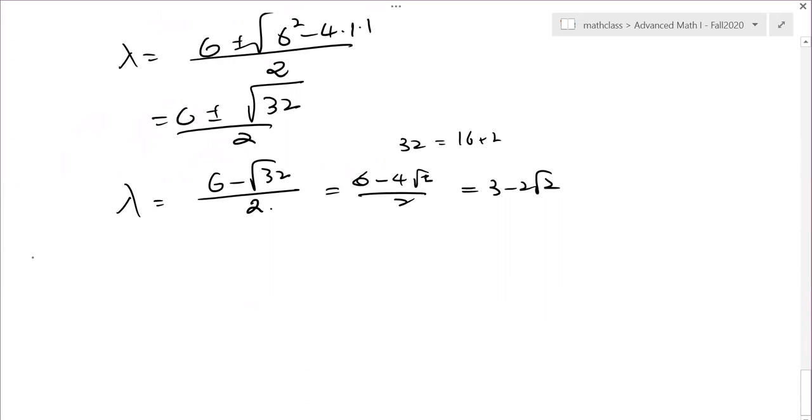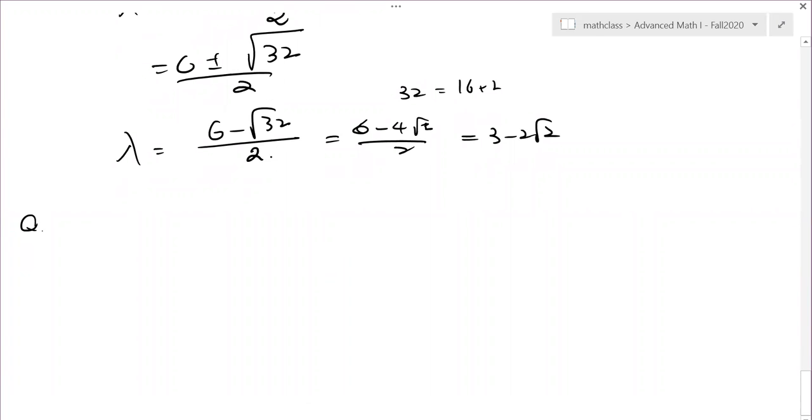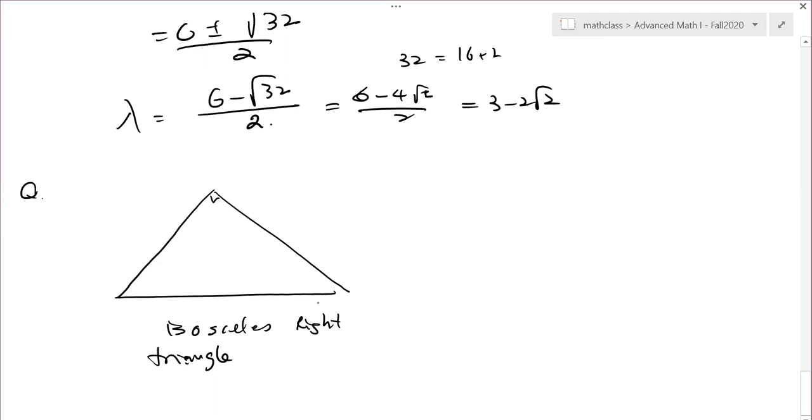So our next problem is as follows. We have an isosceles right triangle. This is an angle here, and these are A, B, and C. That means AB equals BC.